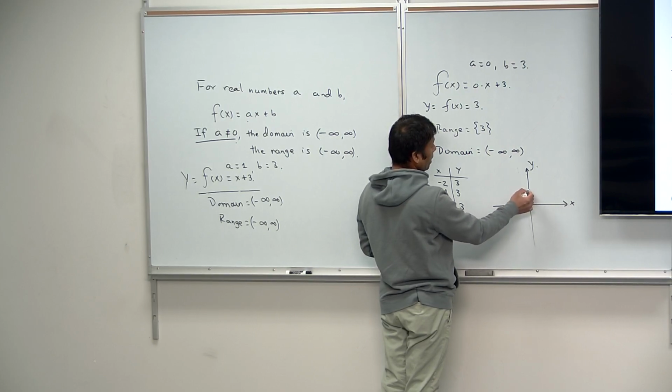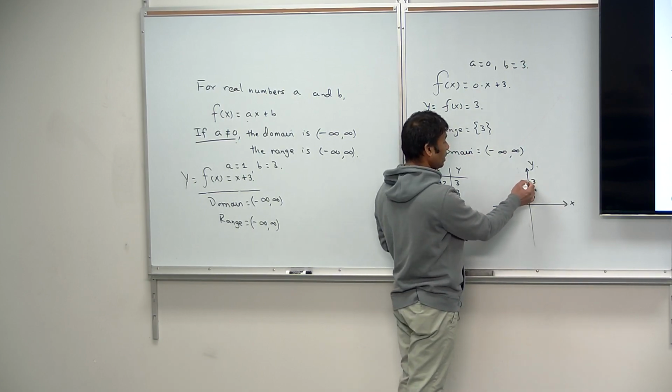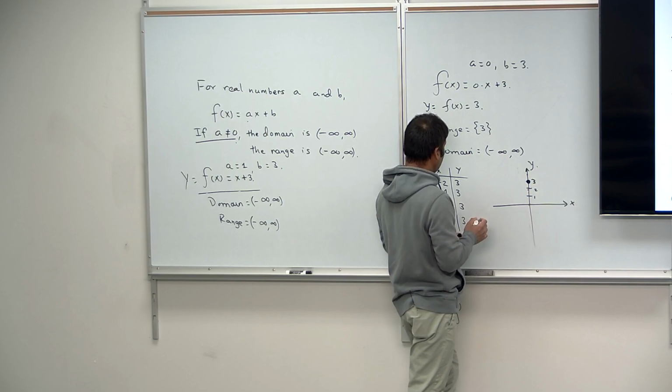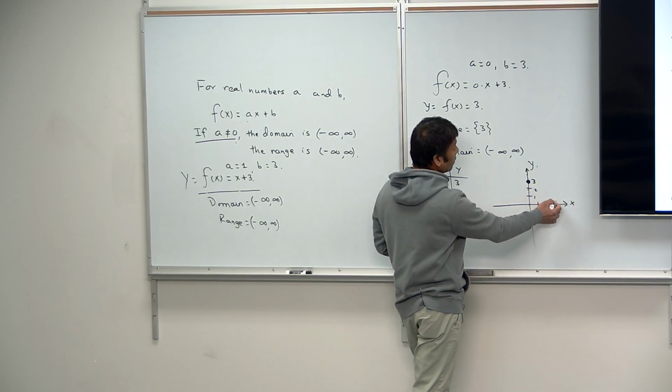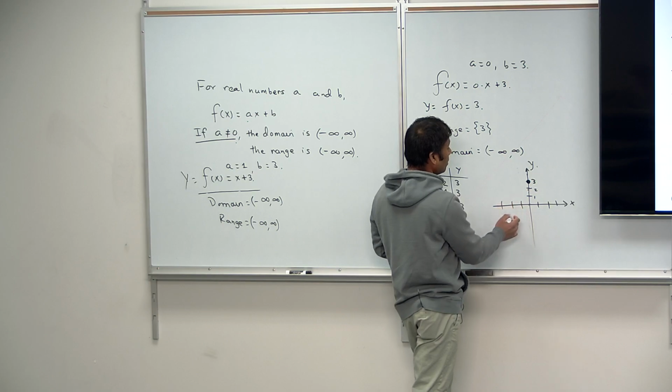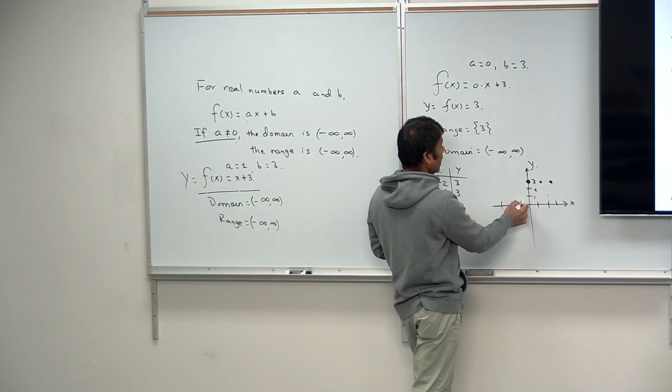Let's say this is 1, 2, 3. So (0, 3) is this point. And (1, 3): 1, 2, 3, negative 1, negative 2, negative 3. (1, 3) is this point. (2, 3) is this point. (-1, 3) is this point. (-2, 3) is this point.